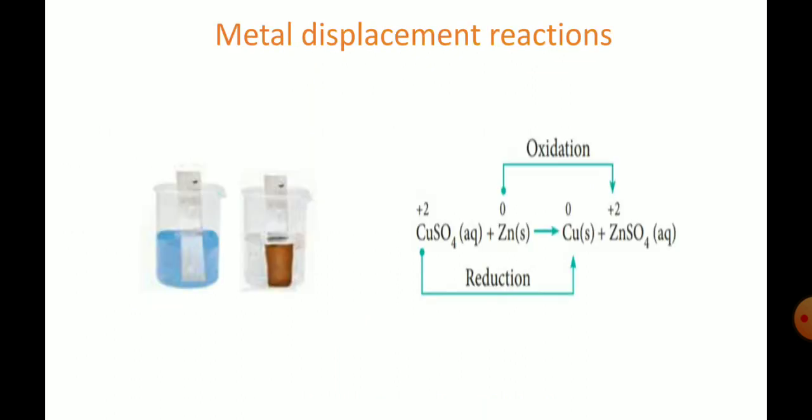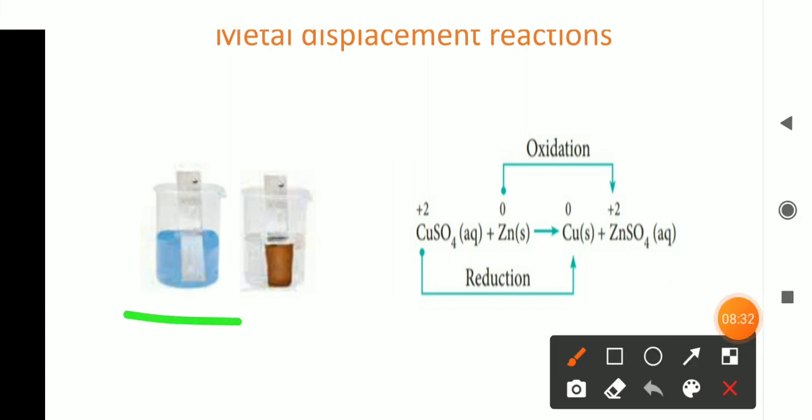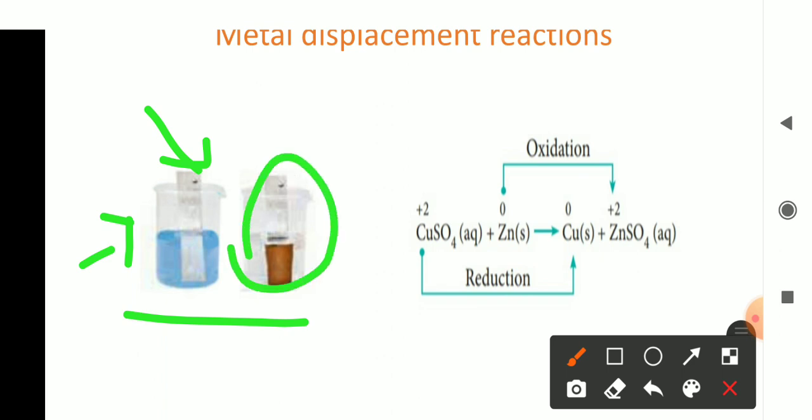Look here, the metal displacement reaction. Here, students, I have placed a picture. Look at the first beaker. A blue colored solution is taken, which is copper sulfate. In the copper sulfate solution, a rod made of zinc is dipped. After some time, if we look at that beaker, the blue color of the solution has changed to colorless, whereas there is a brown layer over the zinc rod.